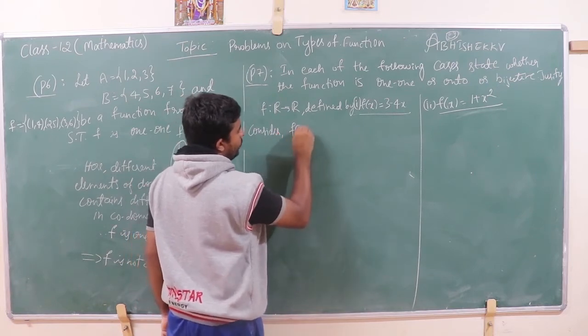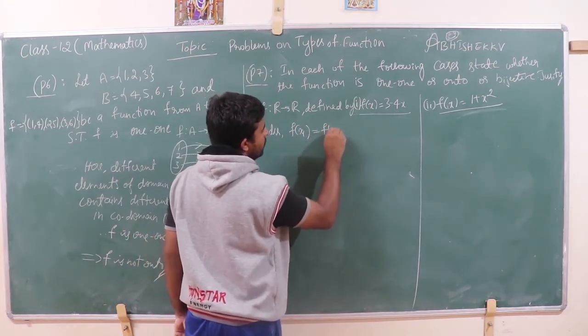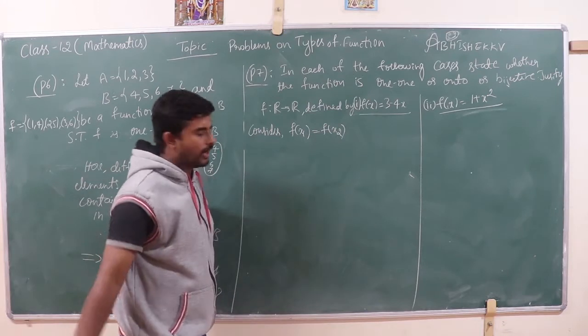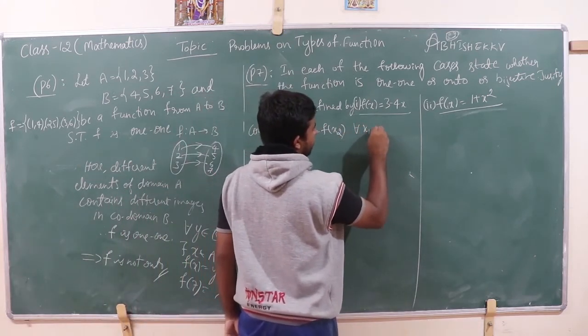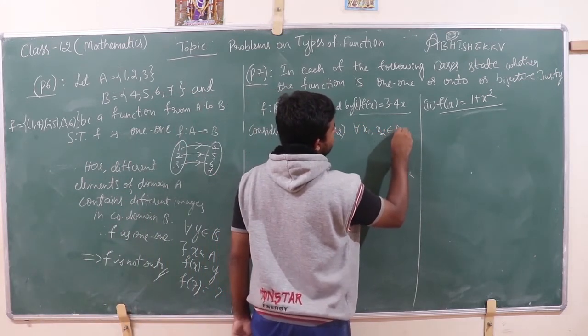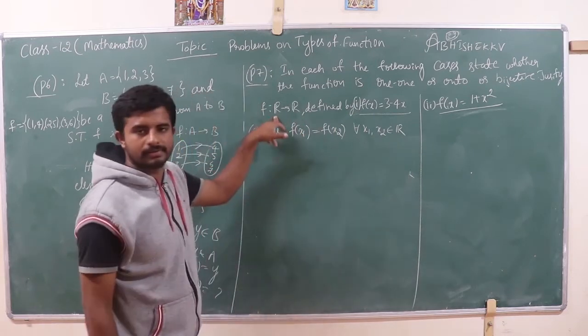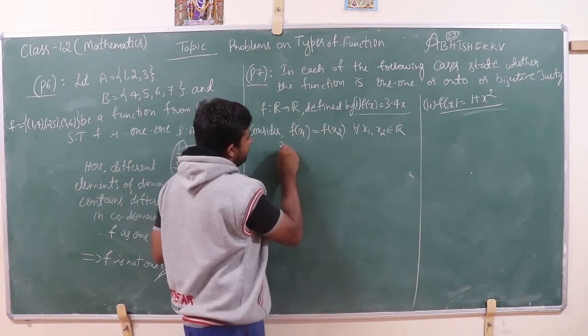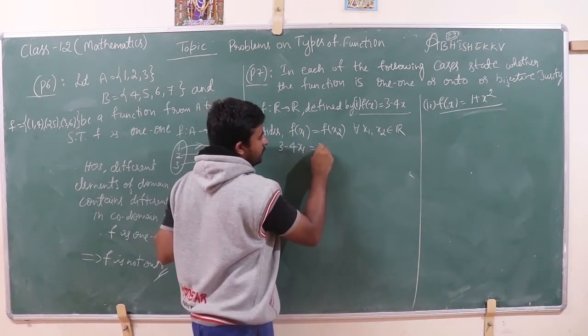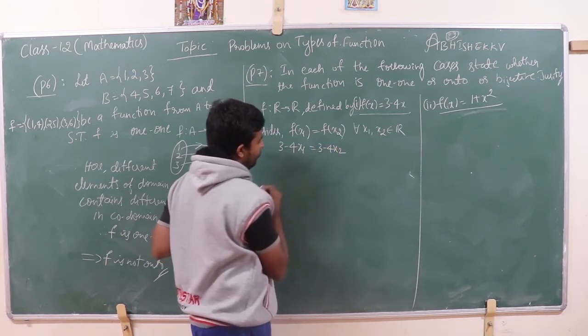Consider f of x1 is equal to f of x2, for all x1, x2 belonging to the set of real numbers. What is f of x1? 3 minus 4x1 is equal to 3 minus 4x2. The 3 gets cancelled.